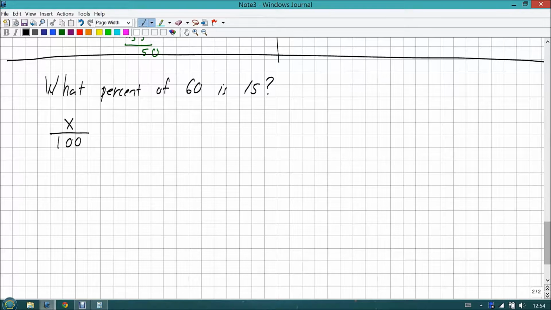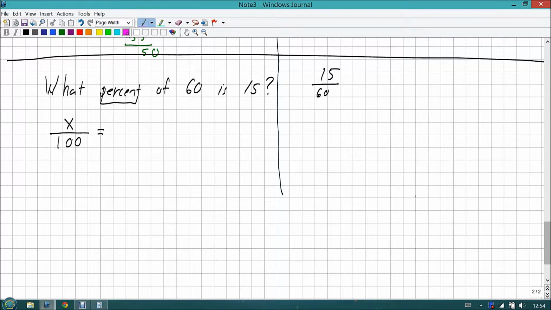So now what we're going to be looking at is the ratio that they create. Since I'm asking for what the percent is, I'm going to put the percent up there. We're looking at 15 over 60, and we're trying to convert that into a percent.